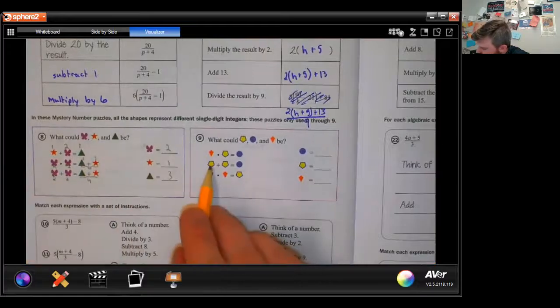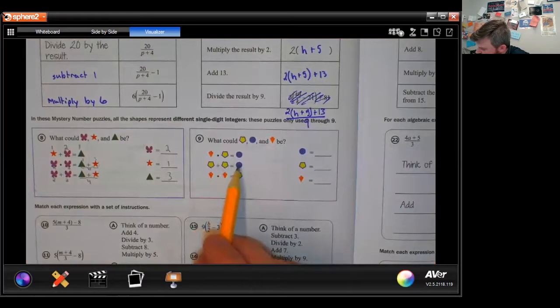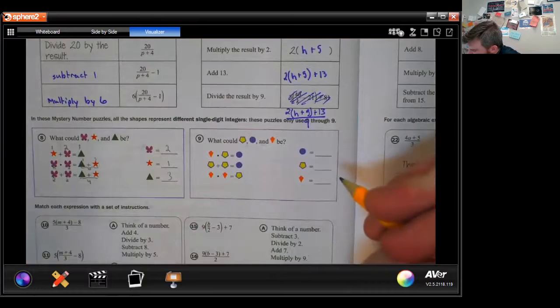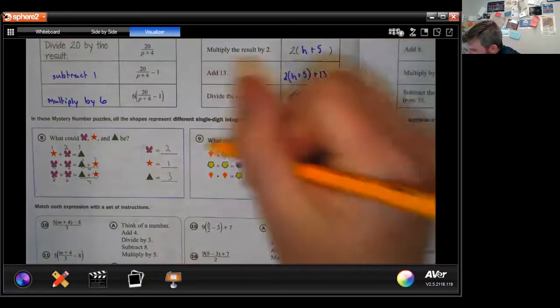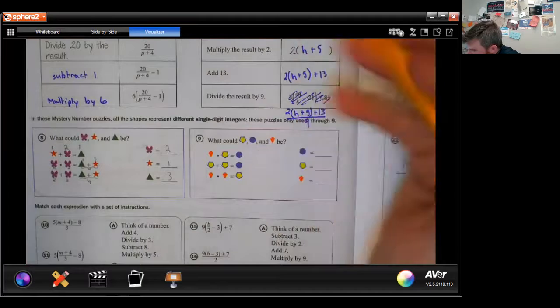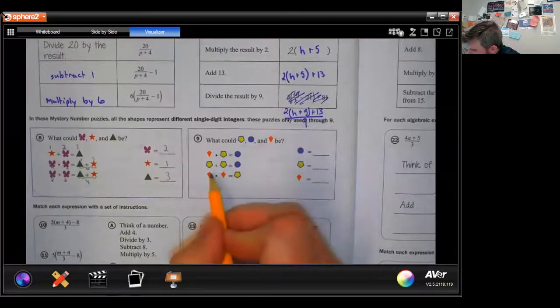Okay, so I have a pentagon plus a pentagon equals a circle. A kite times a kite equals a pentagon. So we've got some things around here that we can work with. So let's just plug in a number here.